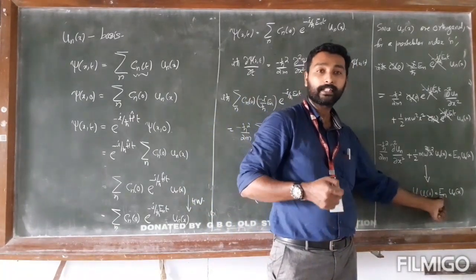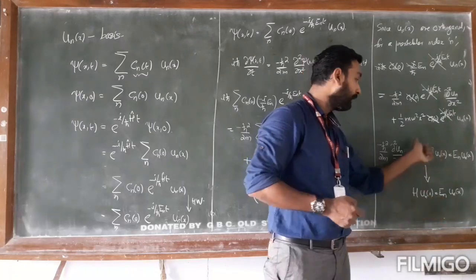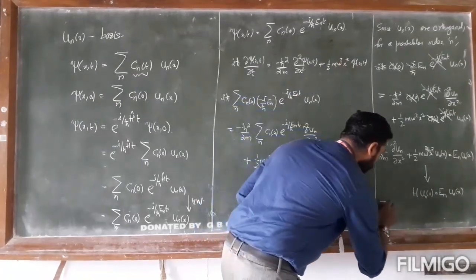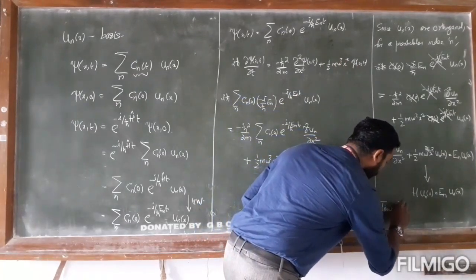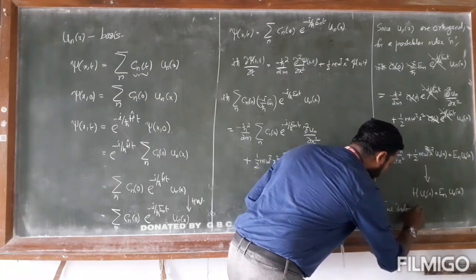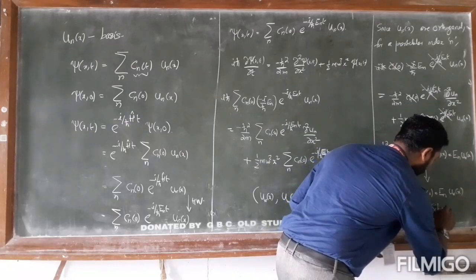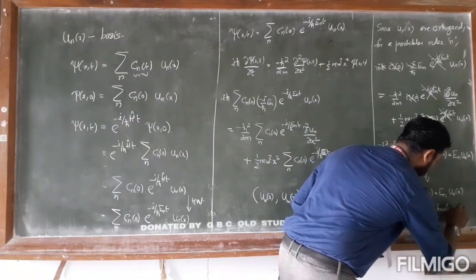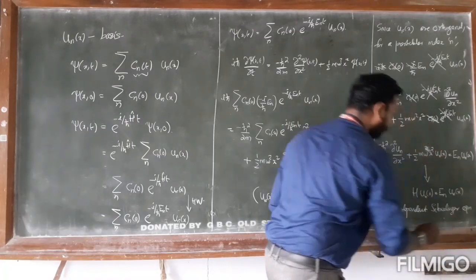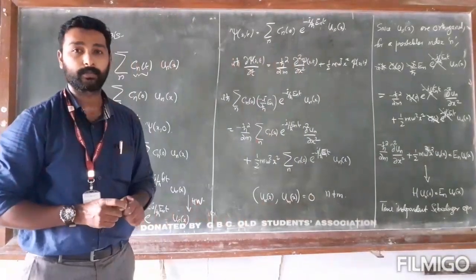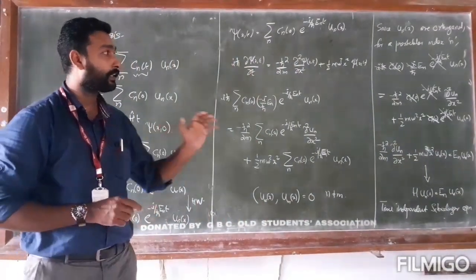What are the possible energies for the harmonic oscillator? So this equation is called the time independent Schrodinger equation.